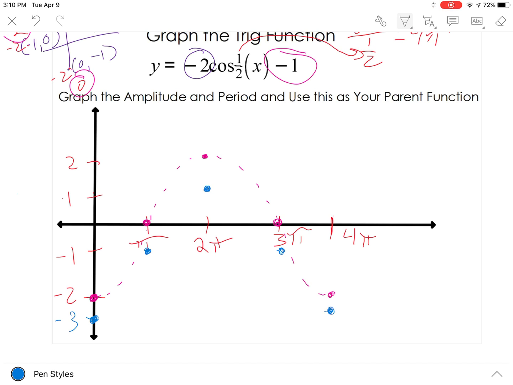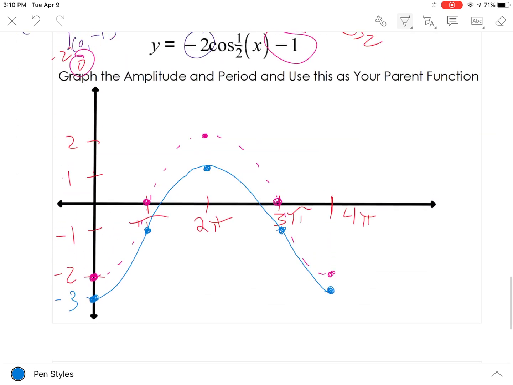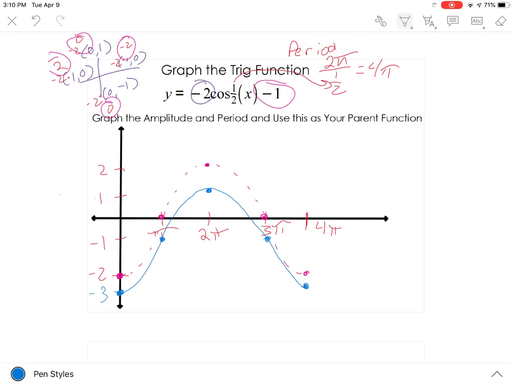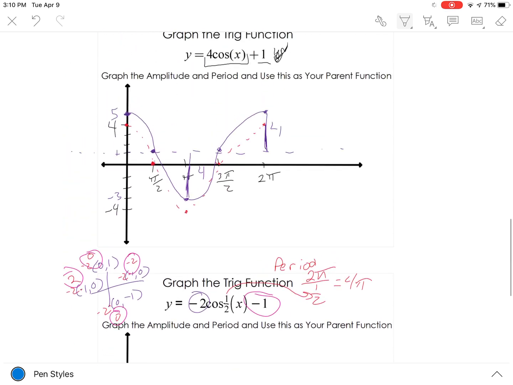And if you notice, I'm not very good at drawing to scale, but you get the idea that here is the final product of changing the amplitude to 2, the period to 4 pi, flipping it over, reflecting it, and then moving it down 1. So I know that's a lot to take in, but hopefully that will be a good start. We can practice these a lot with some whiteboards and things like that.